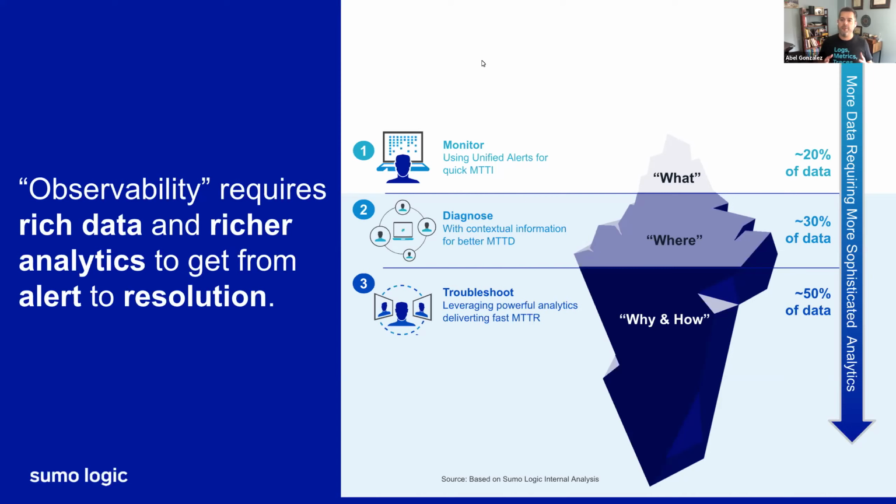But when it comes to actually figuring out why that problem happened, the richest set of data is going to be in your logs. So with Sumo Logic, we get all this telemetry, we analyze it, we correlate it, and we're able to give you that end-to-end view.